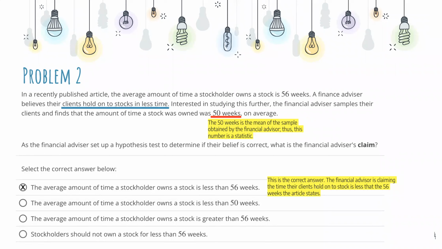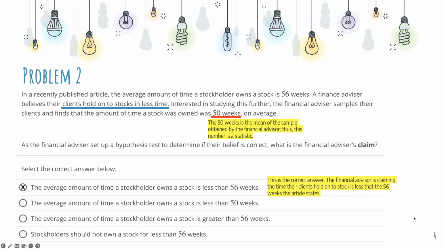So as the financial advisor sets up a hypothesis test to determine if their belief is correct, what is the financial advisor's claim? The correct answer is that the average amount of time a stockholder owns a stock is less than 56 weeks.